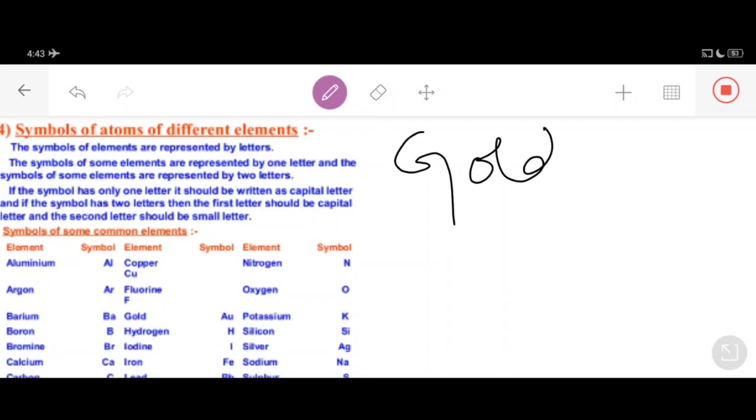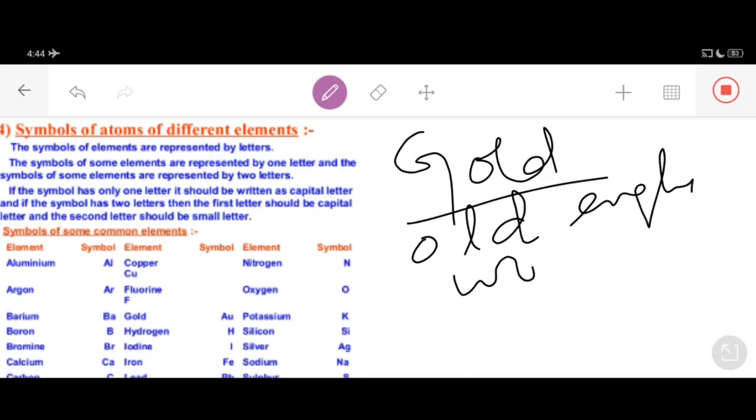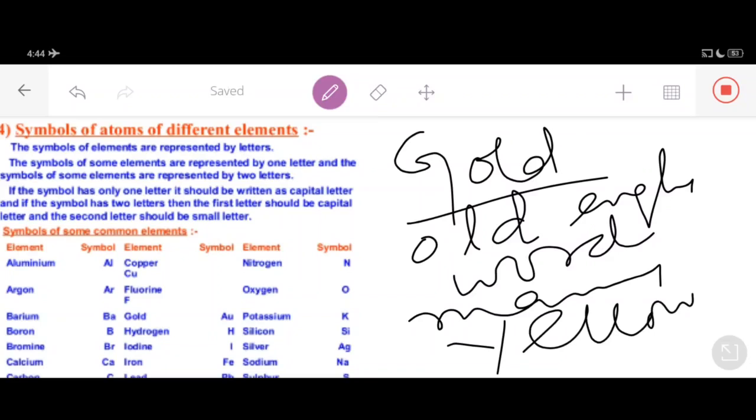Gold is one of the elements, and you will see this gold in yellow color. So the word gold is derived from the old English word meaning yellow.